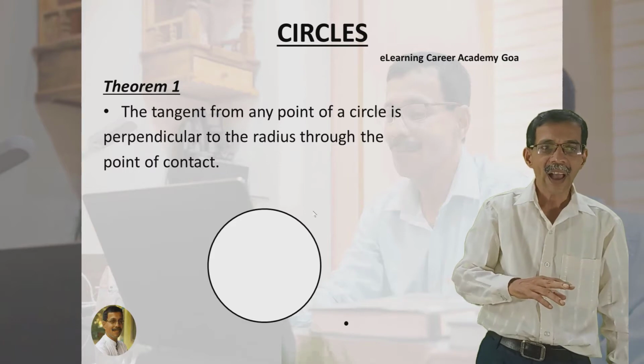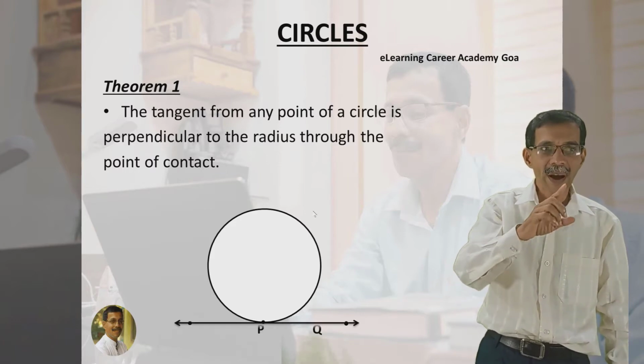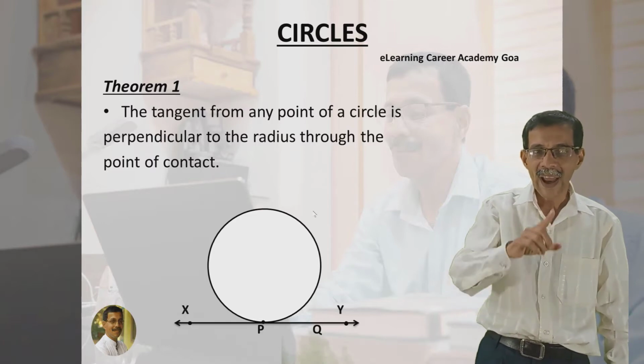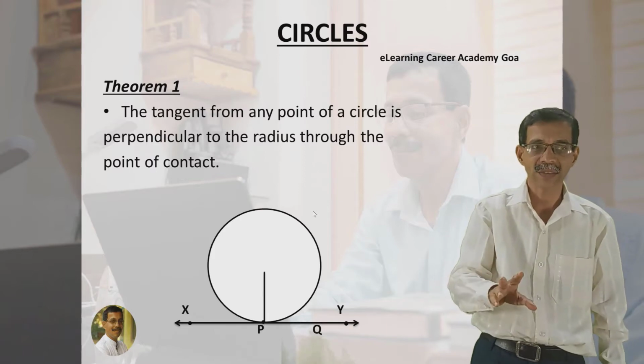This is the circle, and this is the line, and the point of contact is P, and Q is a point on the line XY.